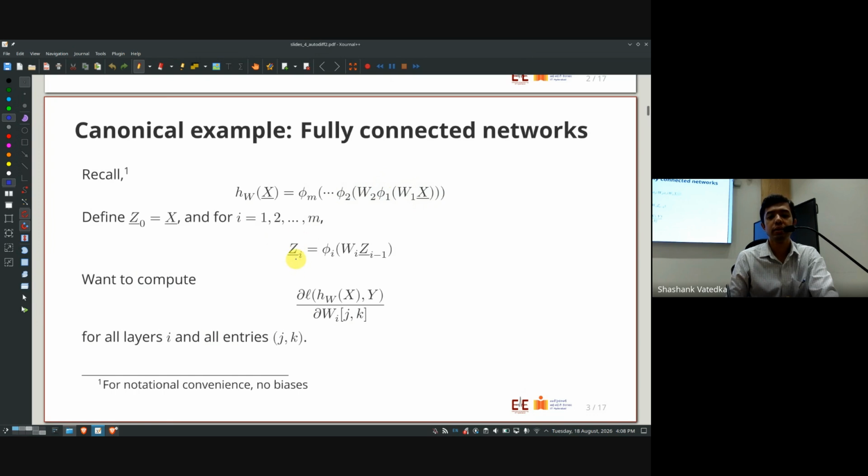Z_i is going to be the output of the ith layer, with the first layer having input Z_0, which is equal to X. Z_i is sometimes called the activation, so this is the activation in the ith layer, and phi_i is called the activation function for the ith layer. The goal is to compute the partial derivative of L(H_W(X), Y) with respect to each of these weights.